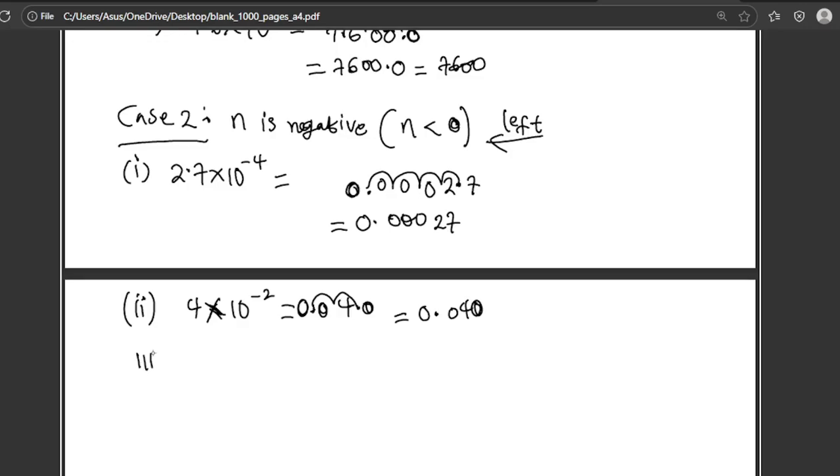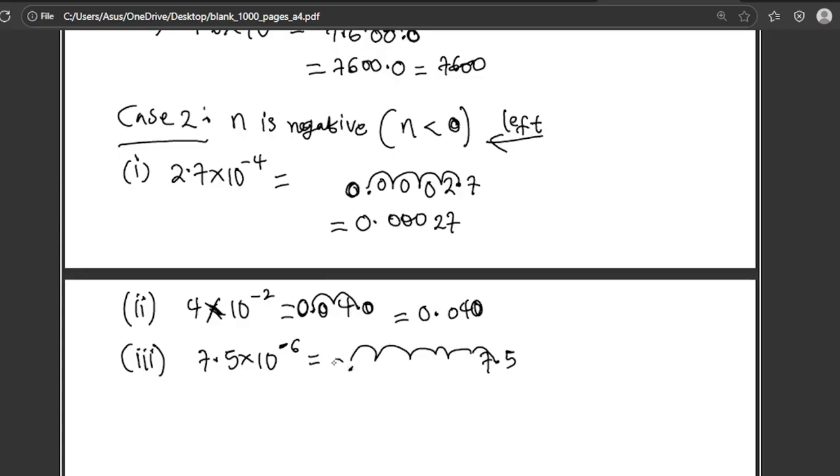And that's it. In its ordinary form. And then the third one here, we have 7.5 times 10 to the power minus 6. Check the power. The power is minus 6. Minus means we are going to the left, and 6 means 6 times. So let's move the decimal point: 1, 2, 3, 4, 5, 6.